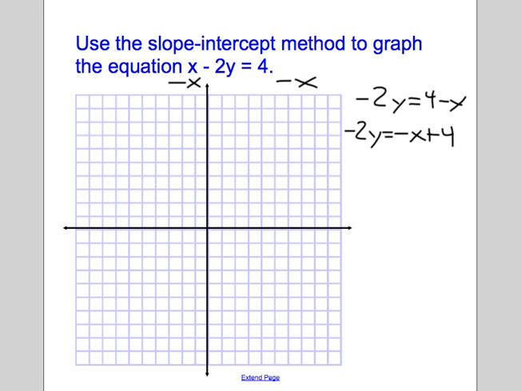Now I need to divide each side by negative 2. Looking familiar still? So y equals negative 1/2 x plus, nope, positive 4 divided by a negative 2 is a negative 2. So I solved for y.